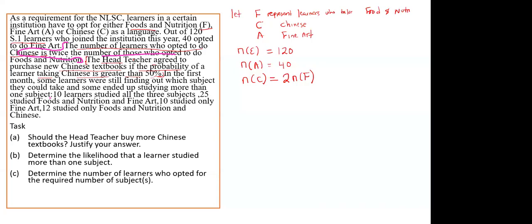This is the statement that is going to come up in your conclusion. This is what you are trying to solve, what you are trying to find out. Does the number of people who take Chinese exceed 50%? This is the problem you are going to solve.